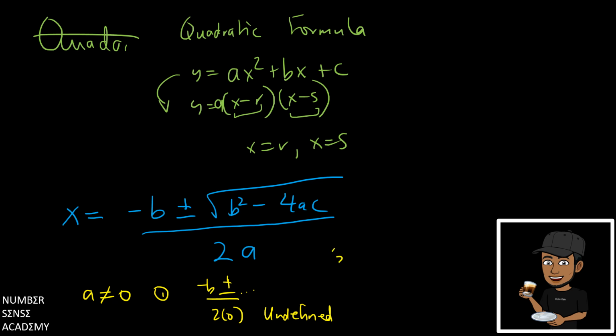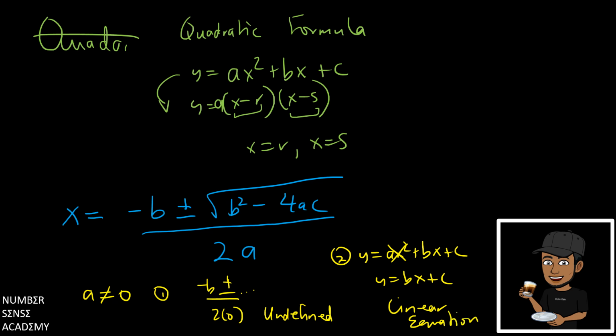The second thing is, if we had the equation y equals ax squared plus bx plus c, and a is equal to 0, then this gets wiped out. So we have y equals bx plus c, and this is a linear equation. It is no longer a quadratic equation. So if a is equal to 0, it totally changes this whole setup, and it's no longer a quadratic equation.